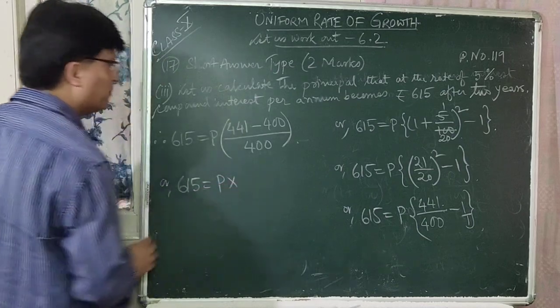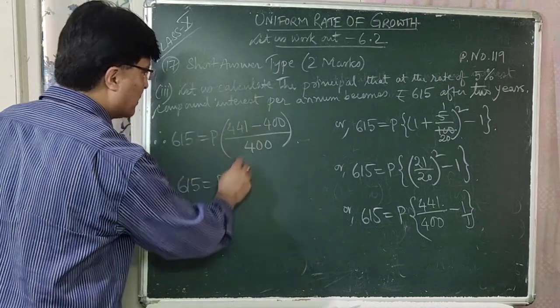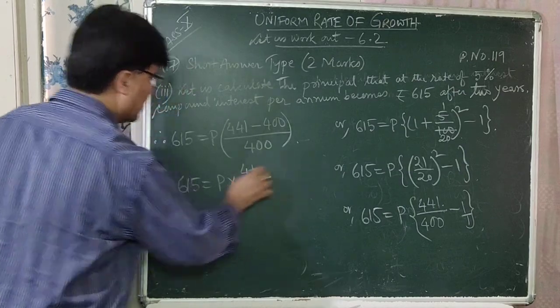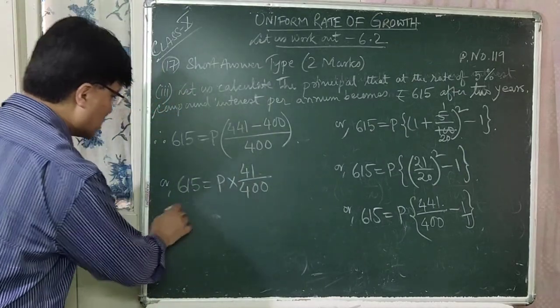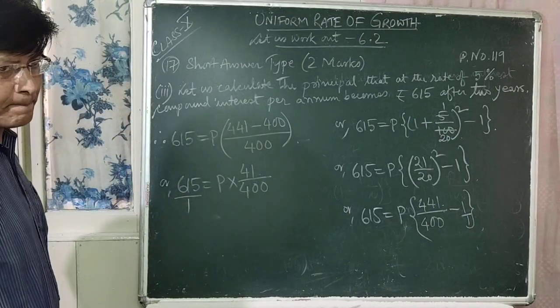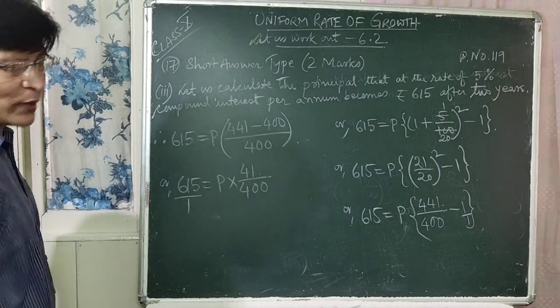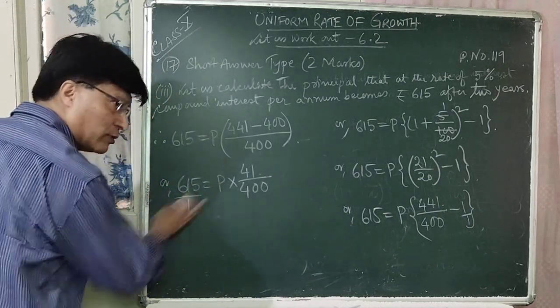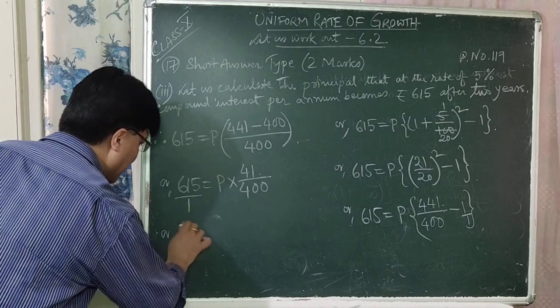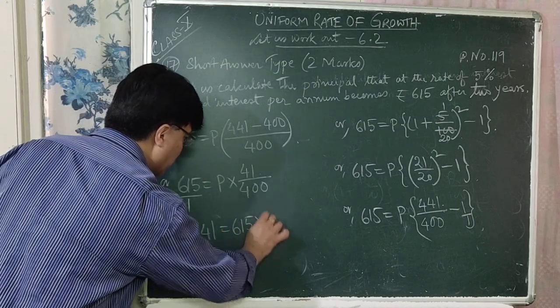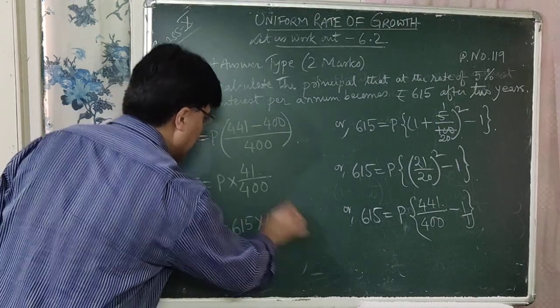P into, so what is 441 minus 400? It is 41 divided by 400. Right? Now we can do cross multiplication. So below 615, that is in the denominator, there is 1. Okay, so we have to cross multiply. So P into 41 is equal to 615 multiplied by 400.